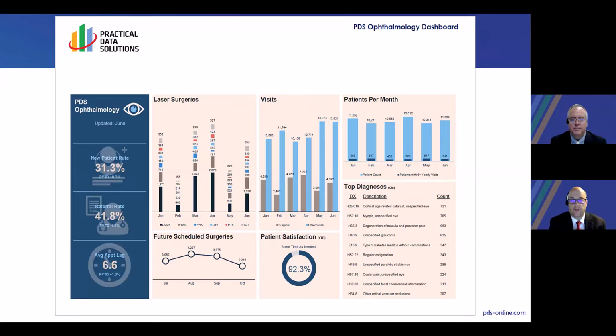I know we're looking at strategic growth in ophthalmology practices, finding patients that are new to the practice and looking at retention rates and referral rates to better understand how we can find that strategic growth. And going back to the patient experience, I like that we've got a patient satisfaction metric right on the same page. Even though we're looking at volume, we want to make sure that we're not rushing patients through and sacrificing good quality service to them.